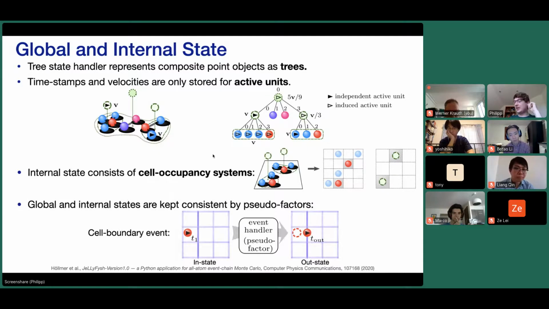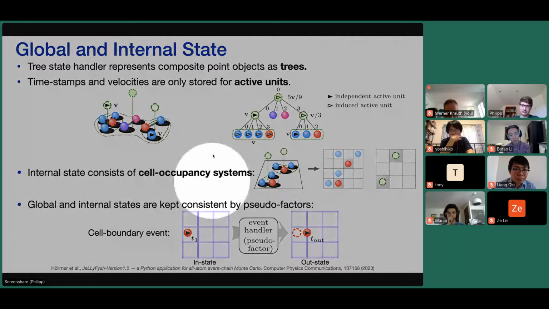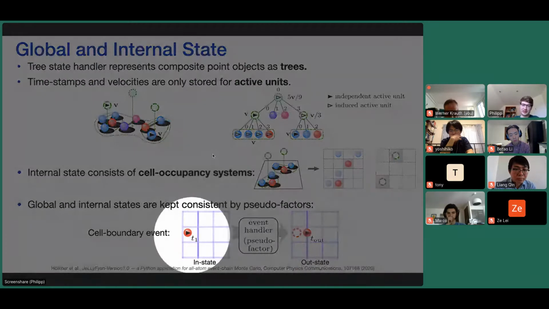And if you paid attention on the previous slide, you may have noticed that the global state is stored in our state handler, of course, so these trees. However, the internal state is stored in the activator. This is because the activator usually uses the cell occupancy system to determine factors which should be activated. So in order to keep both states consistent, we again use pseudo factors. And in this case, it's just a cell boundary event, which we can express again as an event. So we have an in state, which is an active particle.